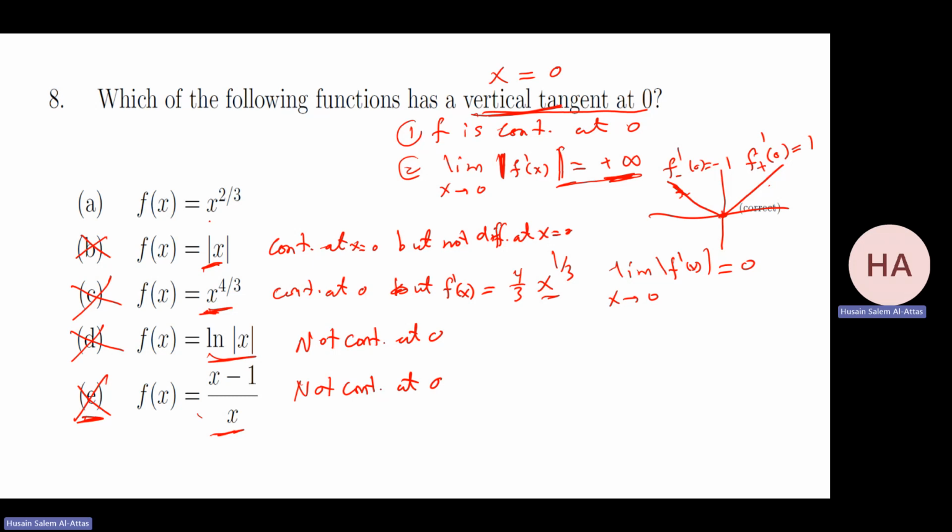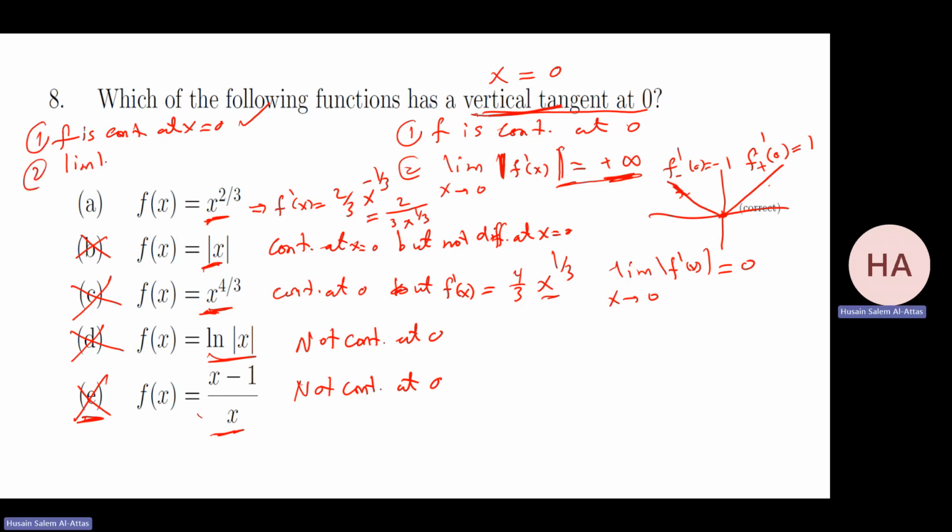Now it comes to this one. F is continuous at 0. Yes, defined, nothing to worry about. So this is okay. Second, what is f prime? It's 2 over 3, x to the power minus 1 over 3, which is, in other words, 2 over 3, x to the power 1 over 3 in the denominator.